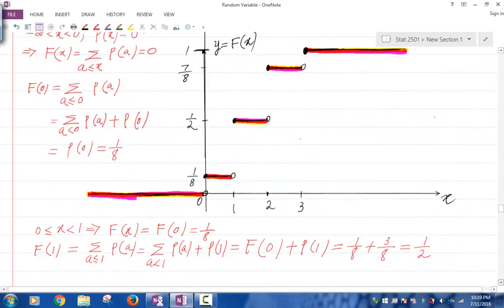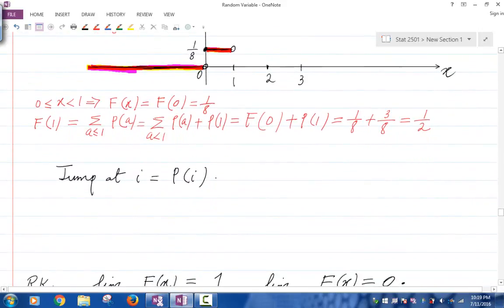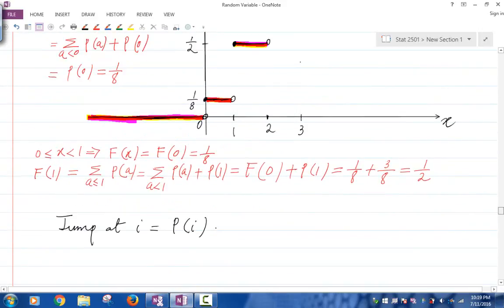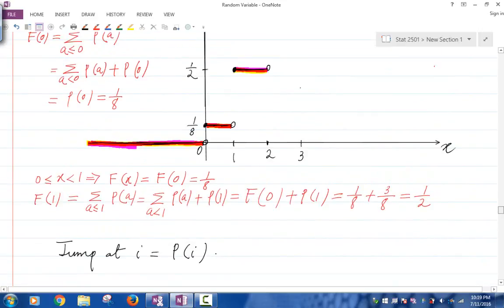Okay, so notice that the jump at i is exactly the probability that X is i. Here i is 0, 1, 2, or 3.